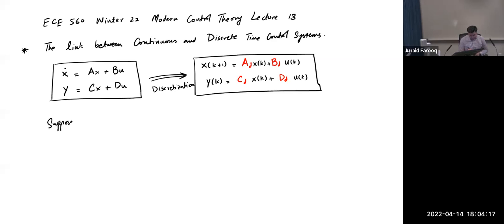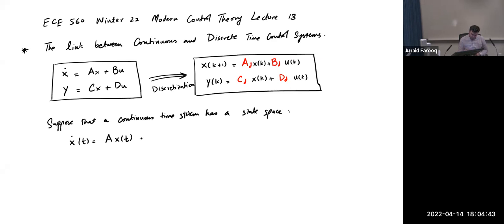So suppose that a continuous time system has a state space, again the same one, x dot of t equals A x of t plus B u of t, and y equals C x of t plus D u of t.